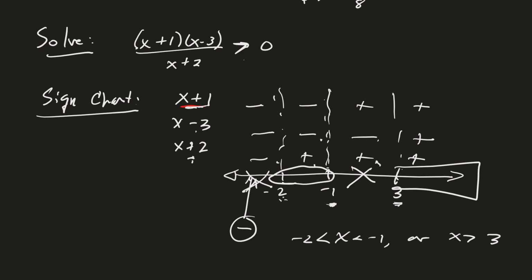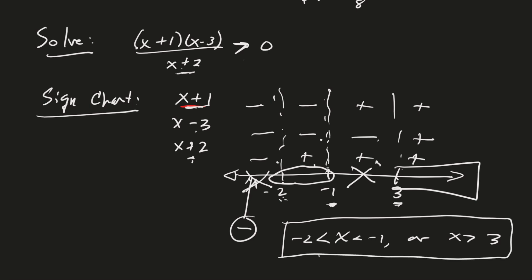So we would leave those endpoints out. And we would also leave out the -2, because that would make our denominator equal to 0. And so this would be our answer. Good. So that's just a little extra problem just to see how you're doing. We'll get on with the regular review in the next section.